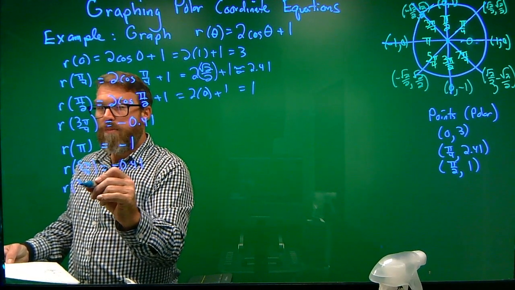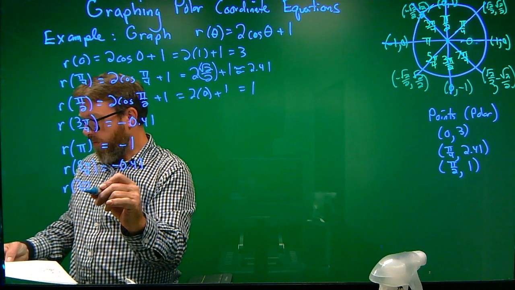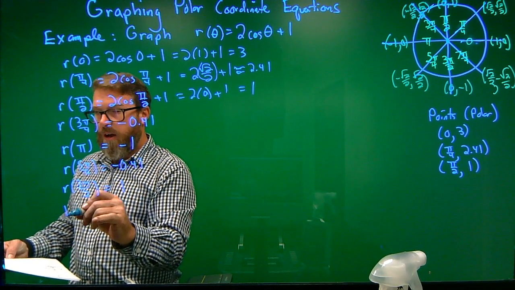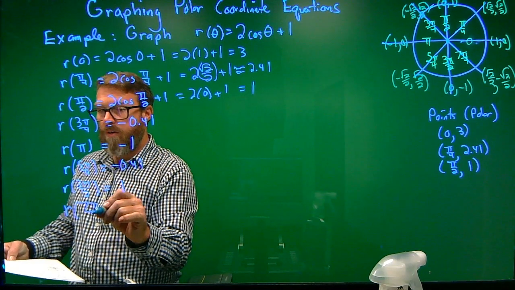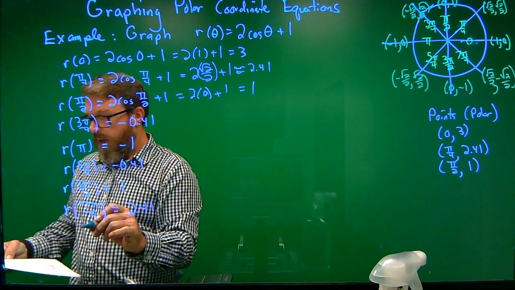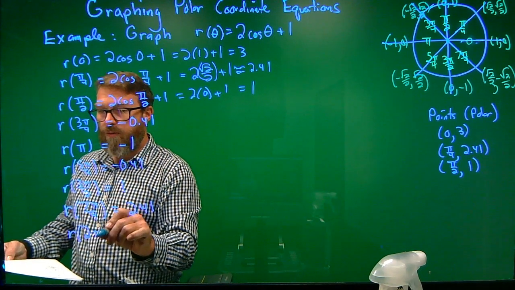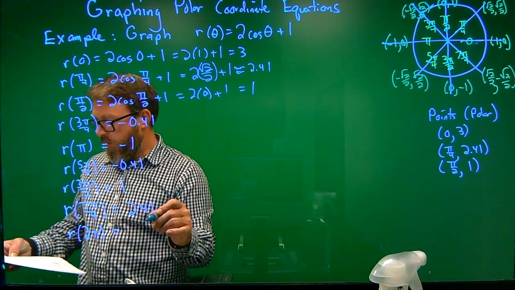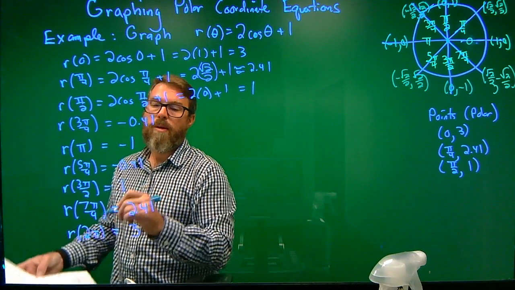R of 3 pi over 2 is going to be equal to 1. R of 7 pi over 4 is going to give us 2.41. And r of 2 pi, we like to do the full revolution, is going to be equal to 2 cosine 2 pi, so 2 times 1 plus 1, which is going to be 3.